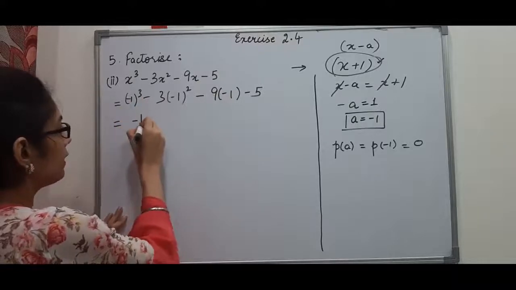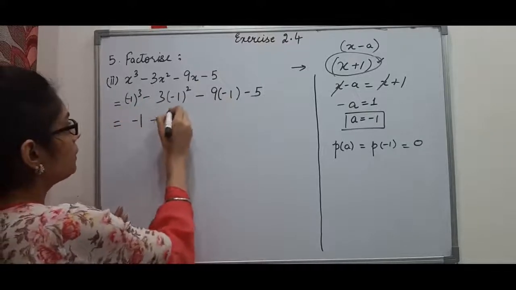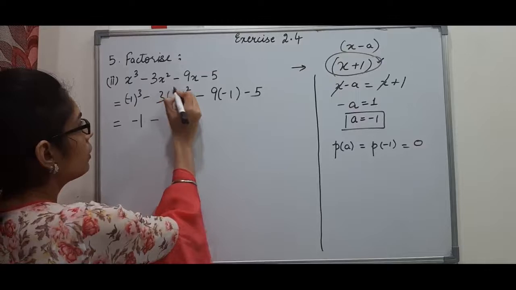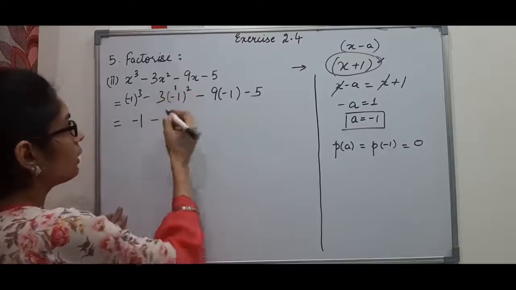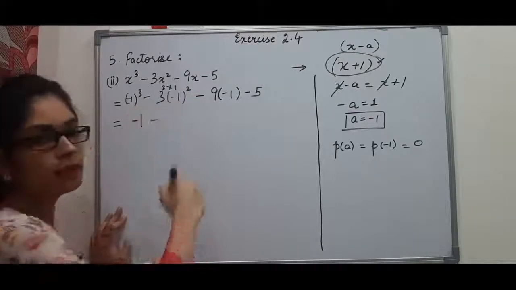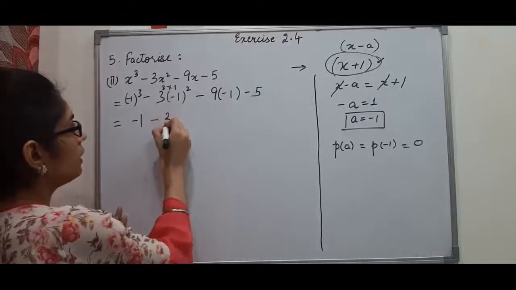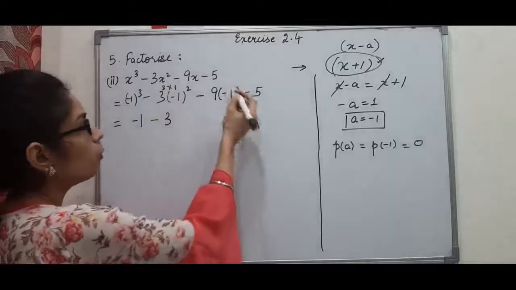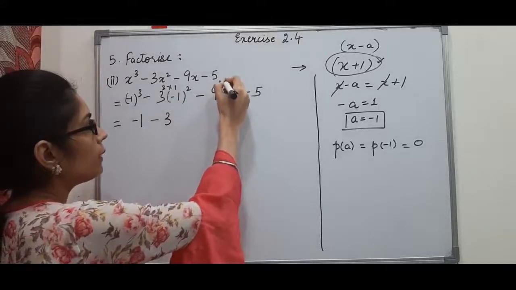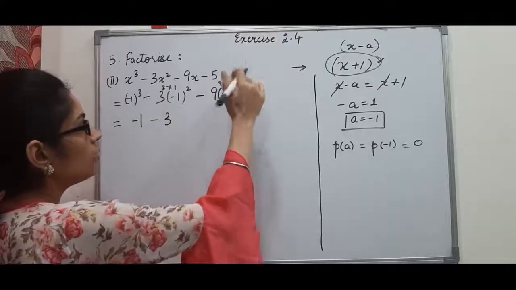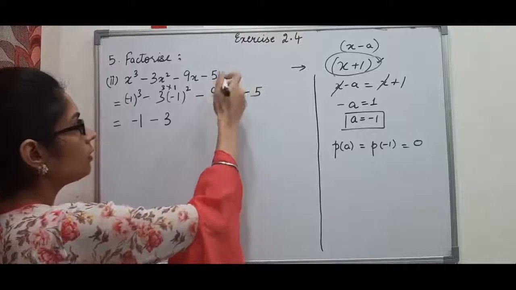Minus 1 cube is minus 1. 3 into the square of 1, the square of minus 1 is 1. We have already done this while doing questions number one and two. 3 into 1 is 3. So 9 into minus 1, it is minus 9.